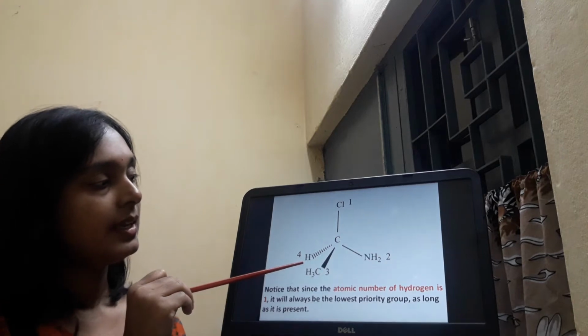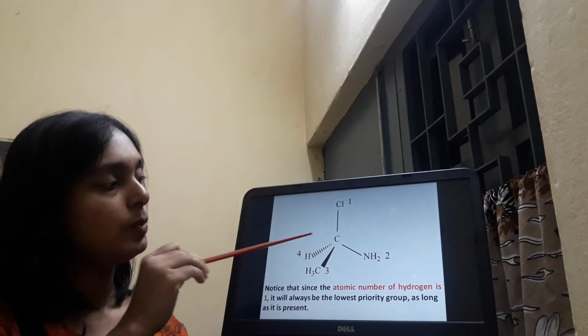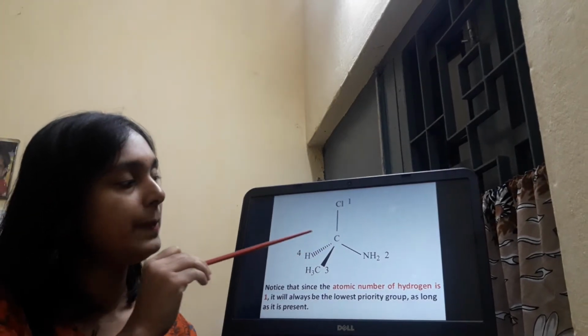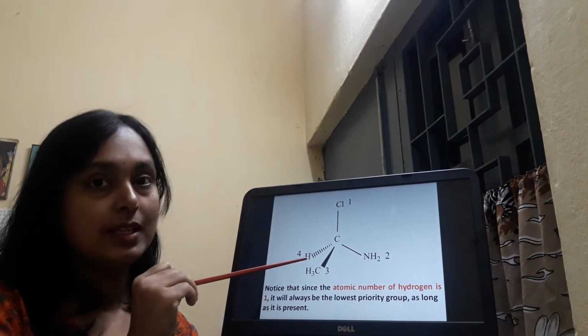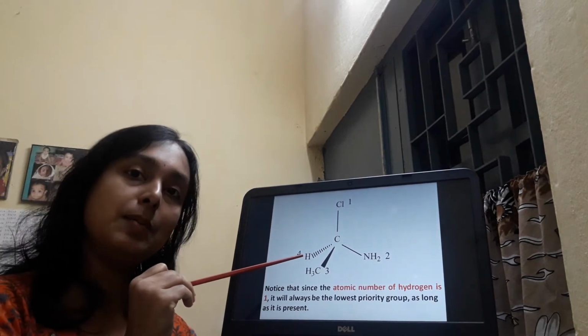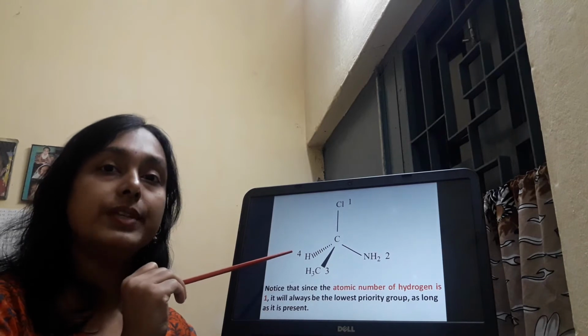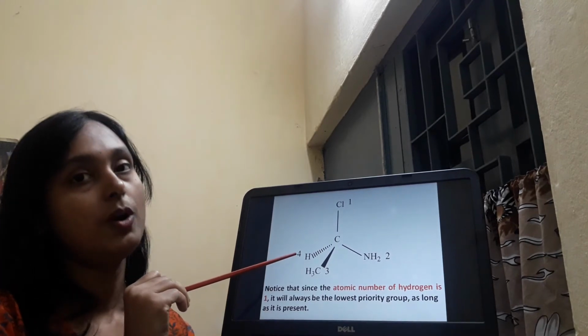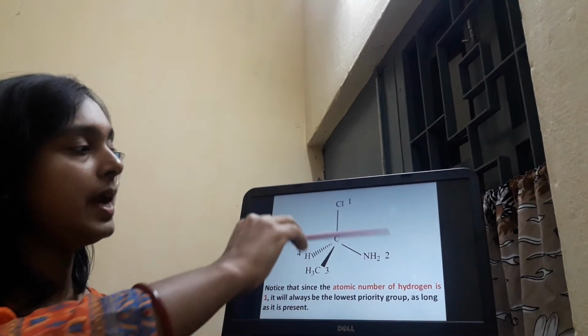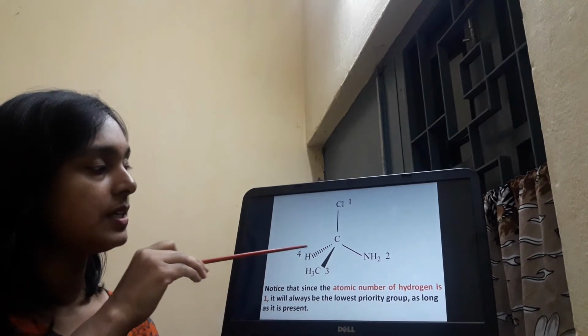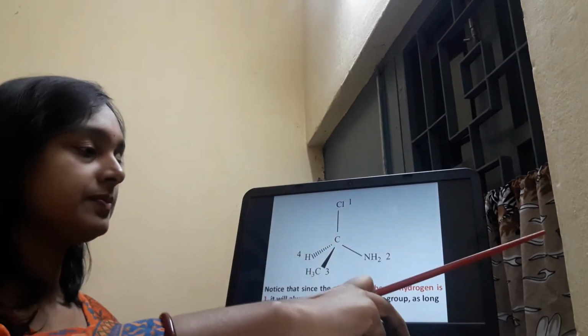And one thing: the lowest priority group will be kept below the plane, behind the plane, furthest away from the observer or viewer. So this will be our correct structure as the hydrogen is behind the plane.